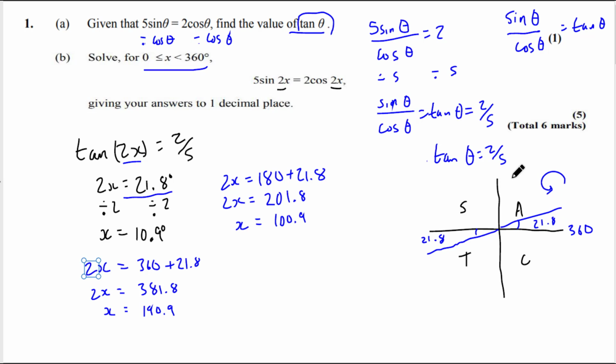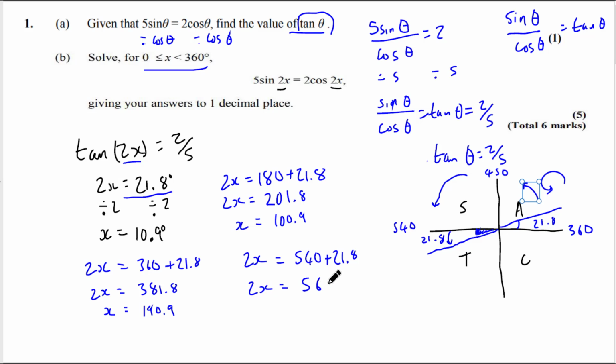Now if we continue from 360, we're going to go round, so that's add another 90, so that's 450, and if we go round again you can see that's 540. Now can you see we have to do now 2x equals 540 plus 21.8, so 2x equals 561.8.